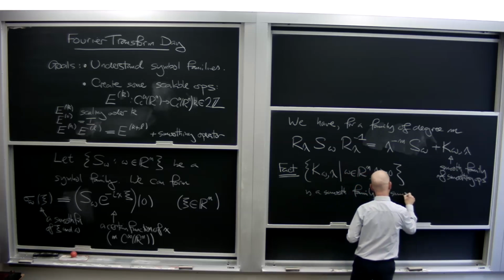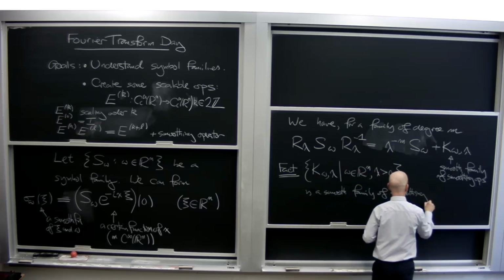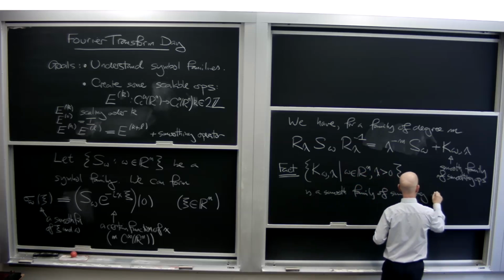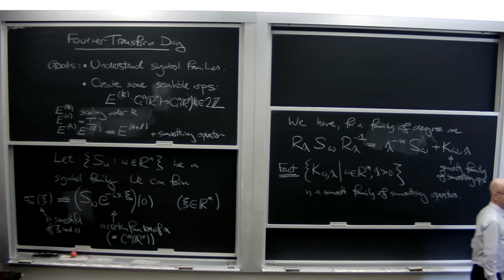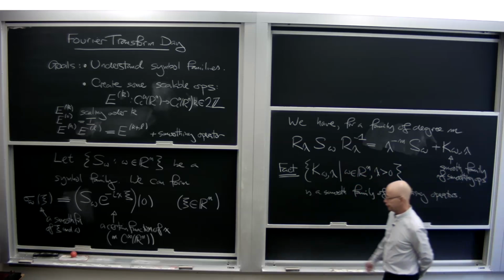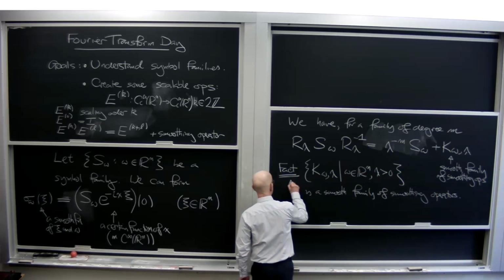So K lambda depends smoothly on lambda. If you were to write the integral kernel of big K omega lambda as little K omega lambda of x, y, then you'd have a function of 4 variables, omega, lambda, x, and y, and it's C infinity in all of them all at once. That's a fact that was observed by Bob and Eric.